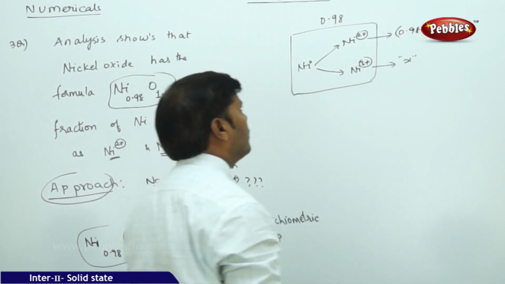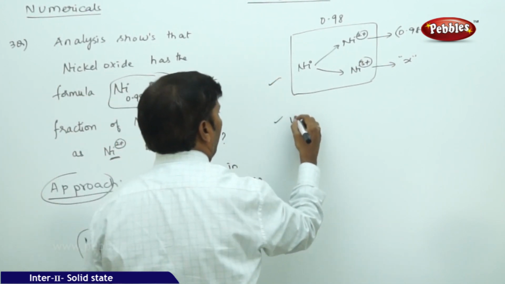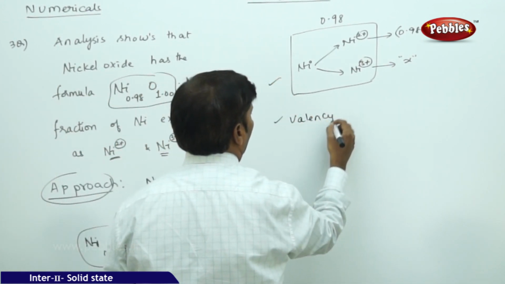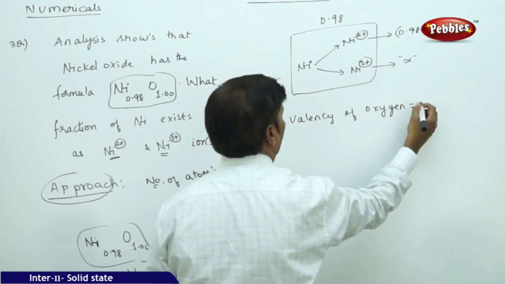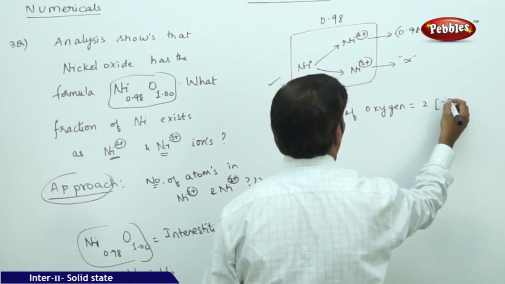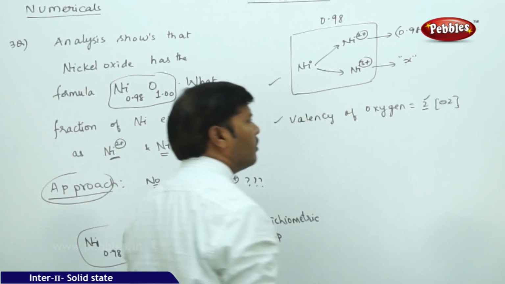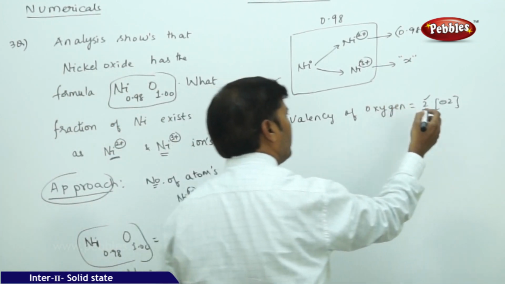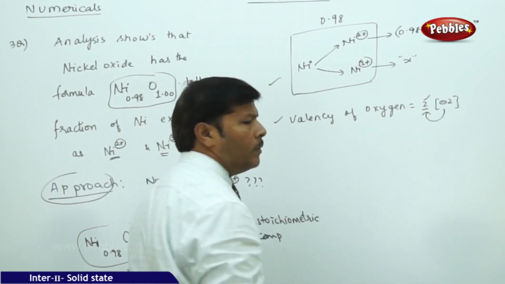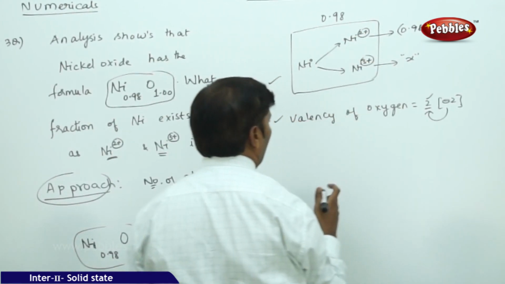But in the meantime, you know that the valency of oxygen is always minus 2. Valence should be given only as a whole number. The actual valence is minus 2, so it is represented as 2, and it has to be equated with the actual composition of nickel in the two different oxidation states.